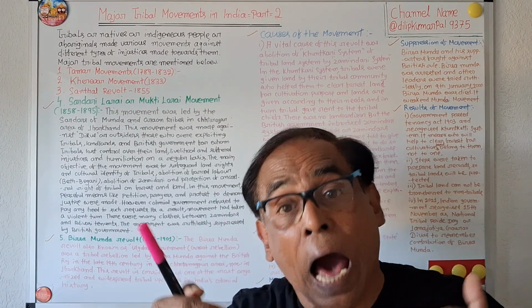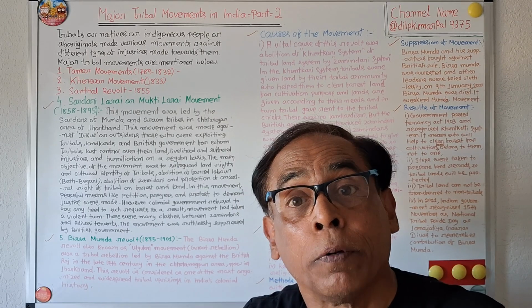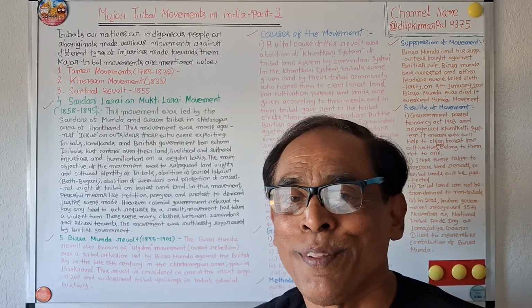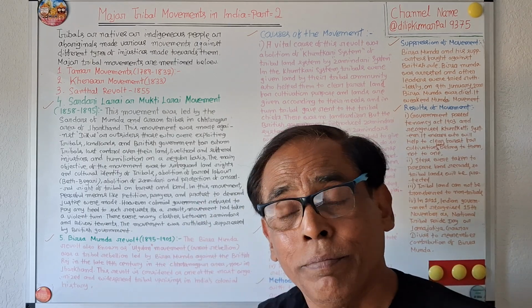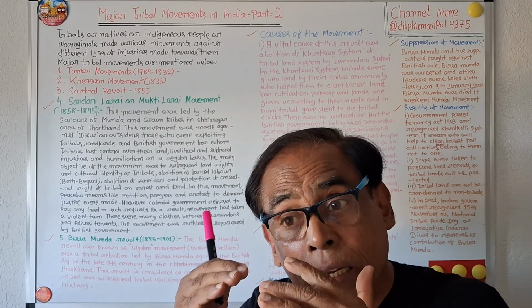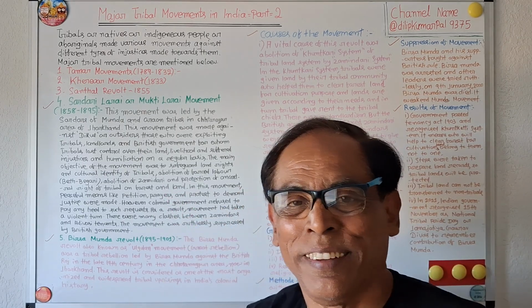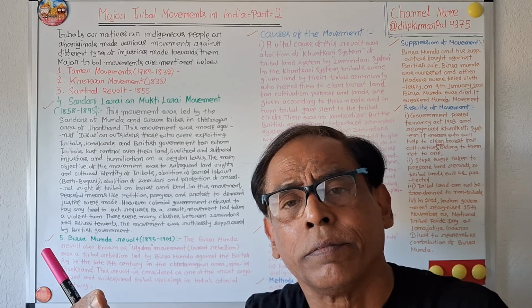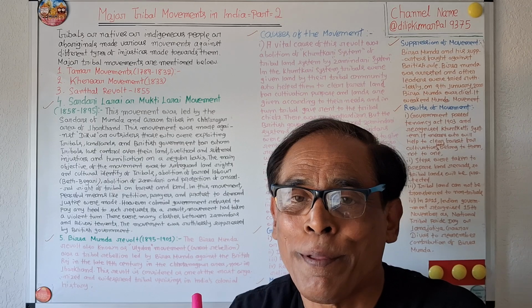Tribals or Adivasis or natives or indigenous people are people who have been staying in a place for a long time. They are not in the Indian caste system and they are in socially disadvantaged positions. They are known as tribals. So tribals made various movements against injustices made towards them.